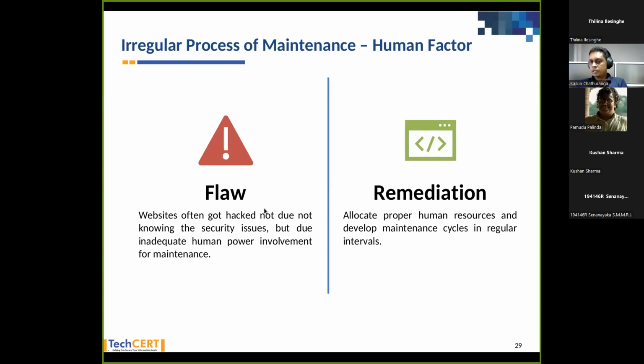For example, for WordPress, you need to check every week in the WordPress admin panel and push updates. So if proper human resource is not available, you will probably get hacked. It is as simple as that.